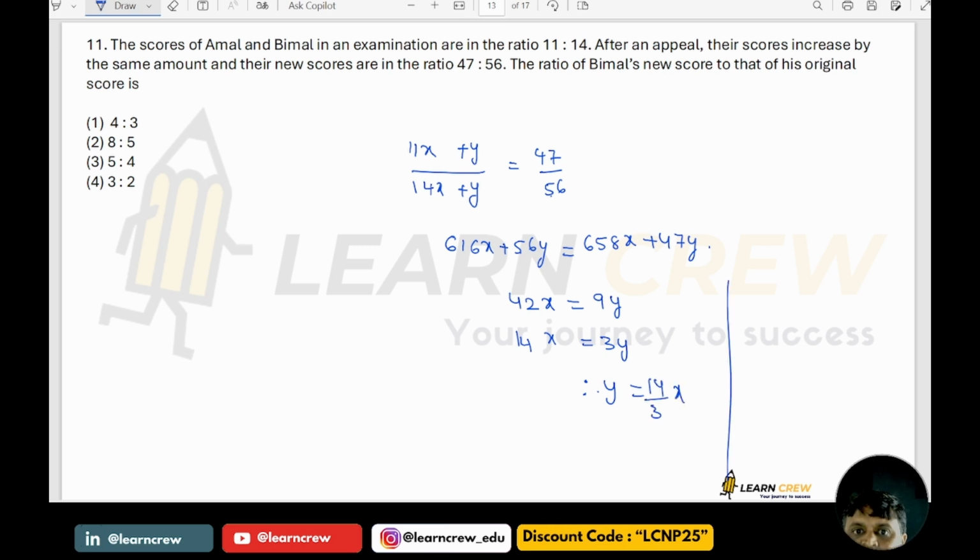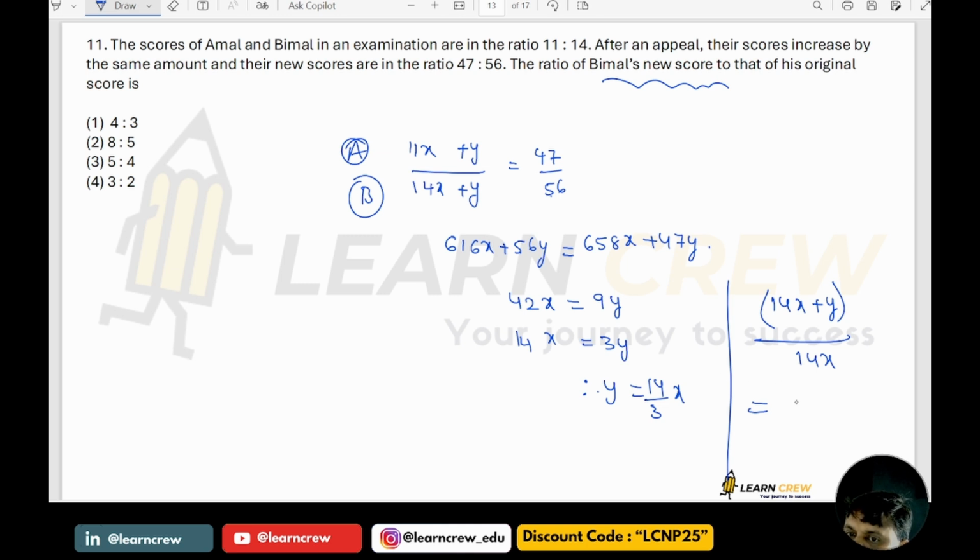Now, finally, what is asked? The ratio between Bimal's new score and his original score. Bimal's new score is 14x plus y. The original score of Bimal is 14x. If you simplify, what is the ratio?